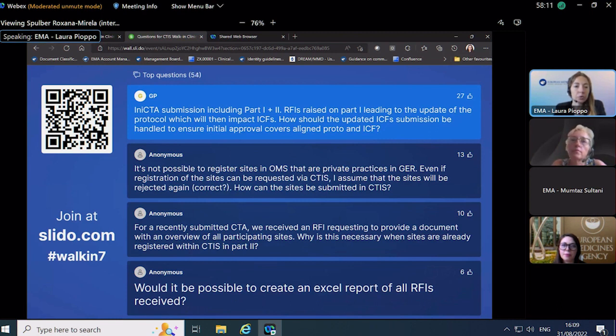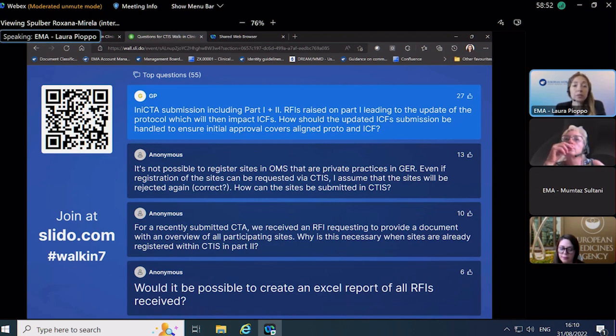If the RMS raises an RFI requiring the update of the protocol, and this triggers modifications or changes in the part 2 documents like the ICF, this can only be done in the system if the member states concerned also raise an RFI for part 2. Every RFI is section-specific. So if there is an RFI in part 1, you can modify the documents in part 1. If there is an RFI in part 2 raised by the member states concerned, you can simultaneously update the dossier for part 2.